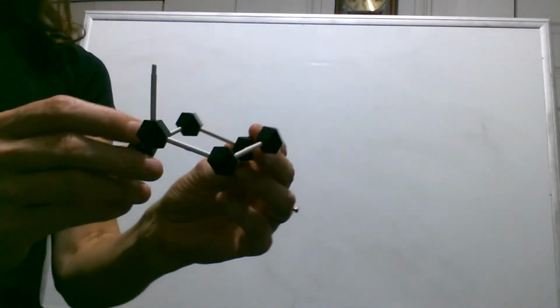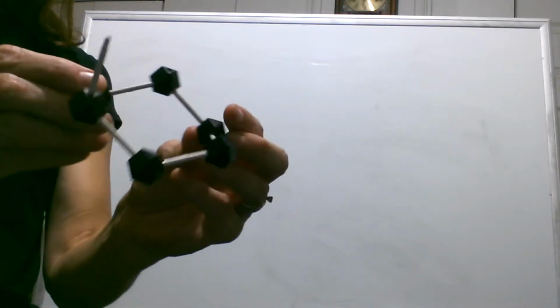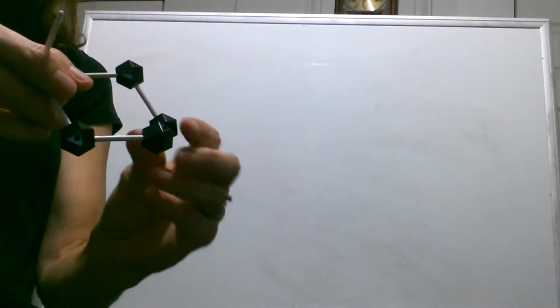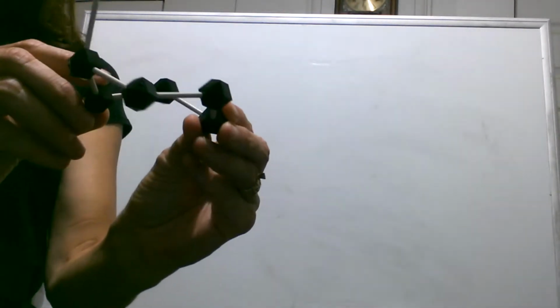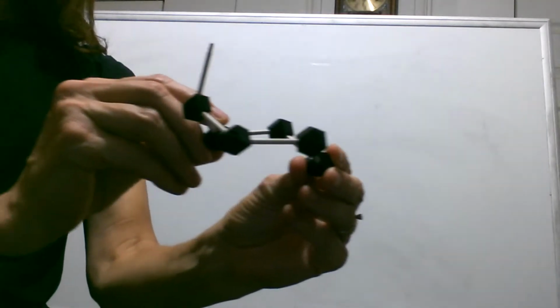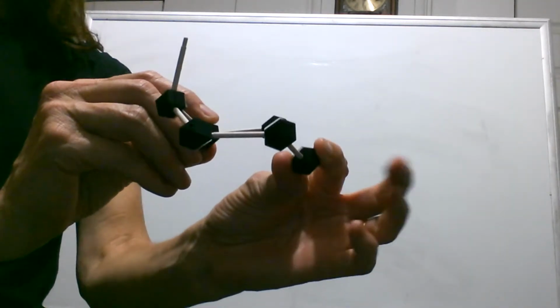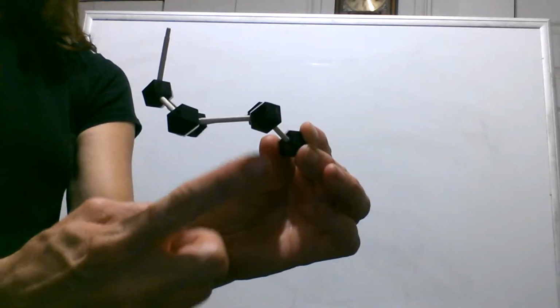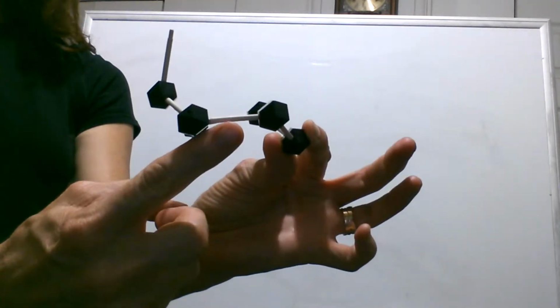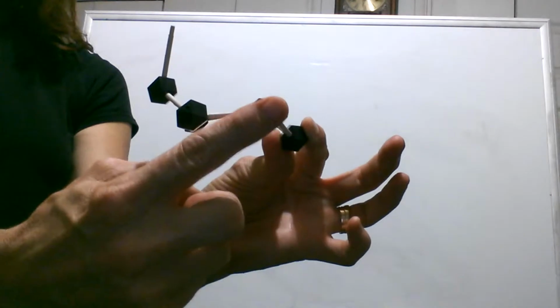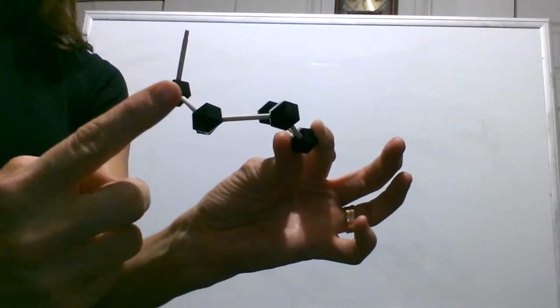So here's a model of cyclohexane in a chair conformation. So I'll try to line this up. Okay, so we're looking straight at this set of parallel lines, and so then you can see the part that is pointing down, and then the carbon that was pointing up.